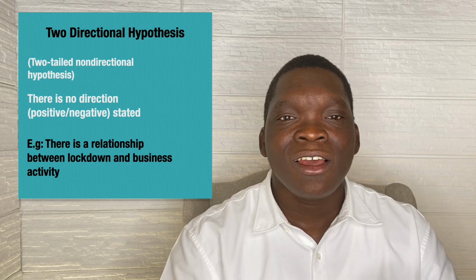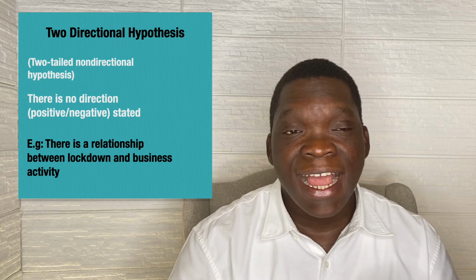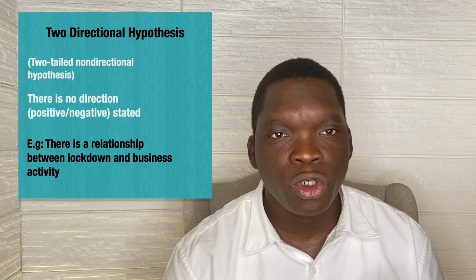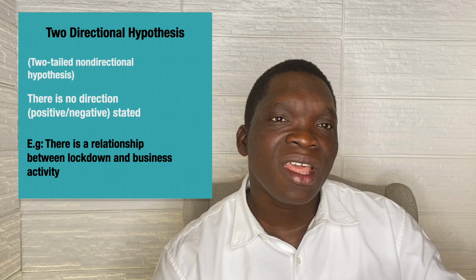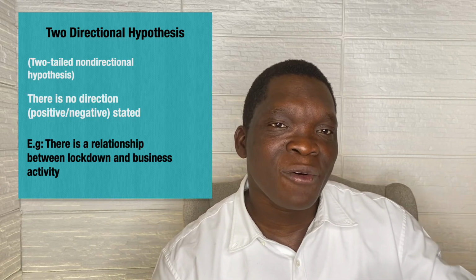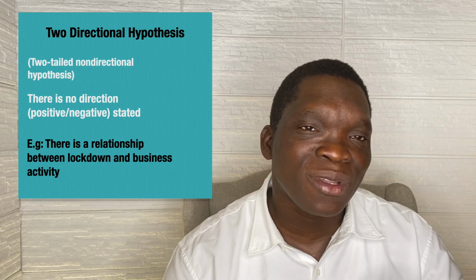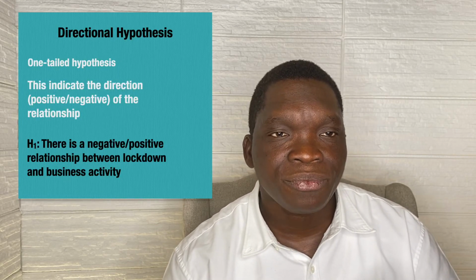That is, the connection between lockdown and business performance can either be positive or negative. We are not sure. We don't know. So when I say there is a relationship between lockdown and business performance, that is an example of a non-directional hypothesis, because I am not concerned about the direction of the relationship, either positive or negative.